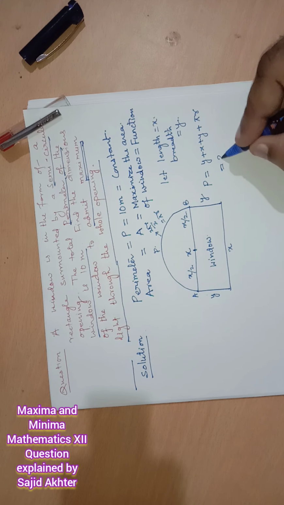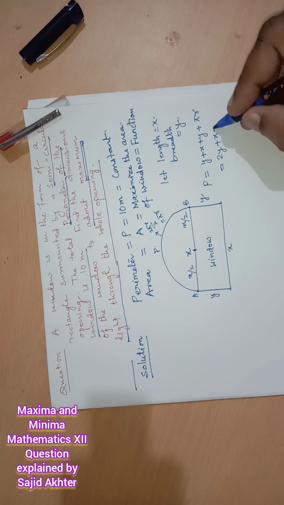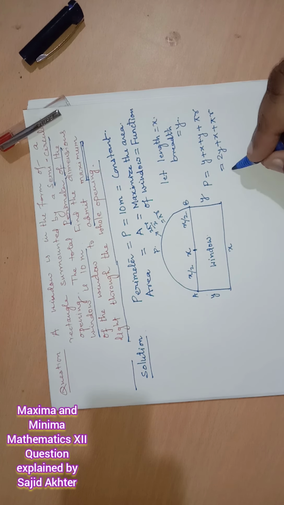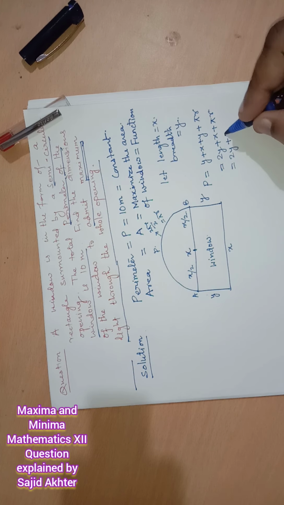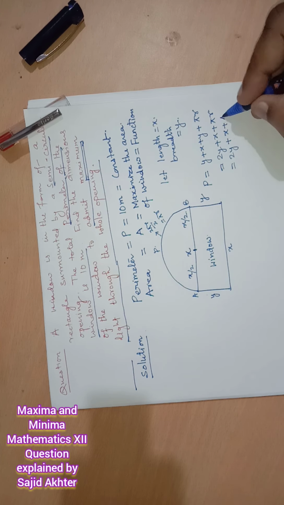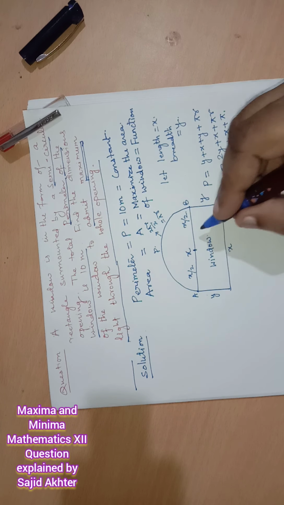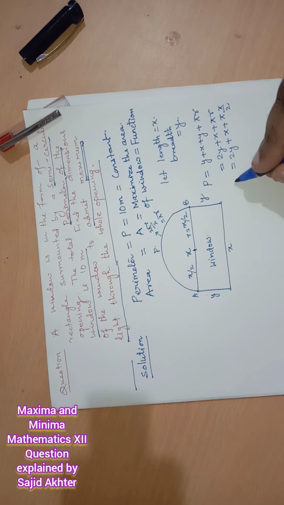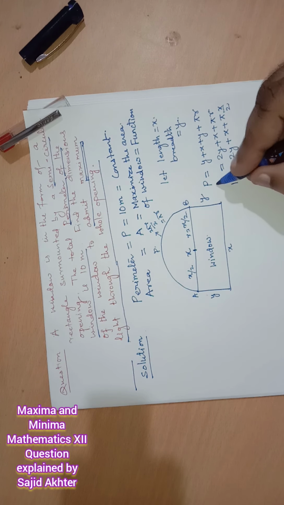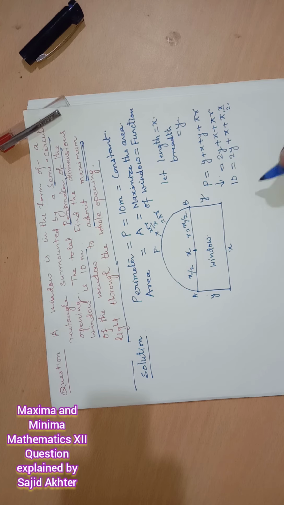So it is 2y plus x plus pi r, and r is equal to x by 2, and in place of the perimeter we write 10. So we can express 2y is equal to 10 minus x minus pi x by 2.